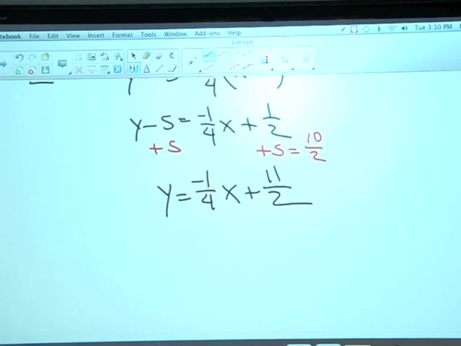Other things is you get to everybody's favorite thing in math, which are word problems. Right? Everybody loves word problems, right? So you get something like this.